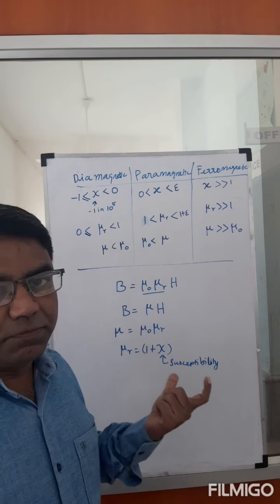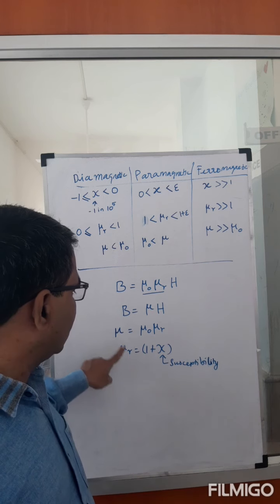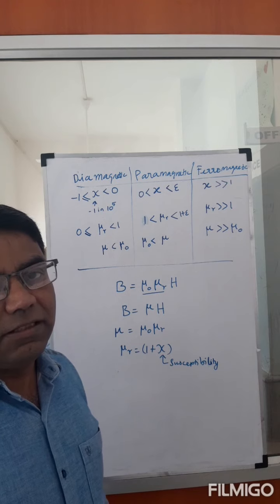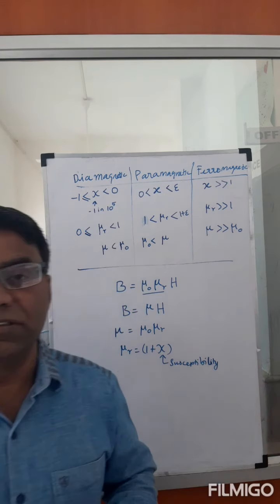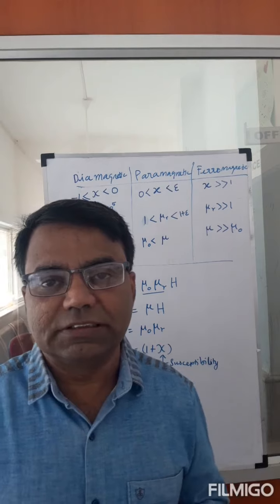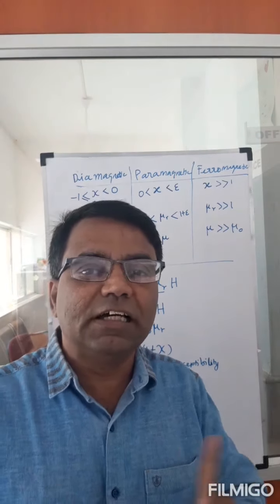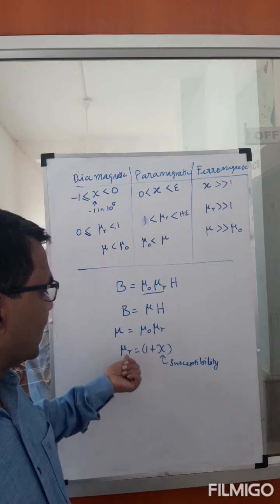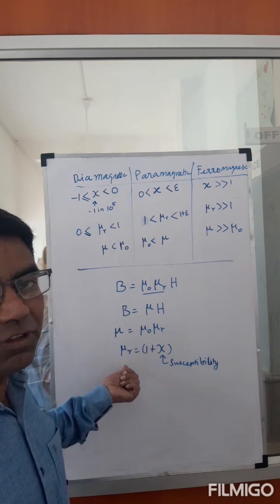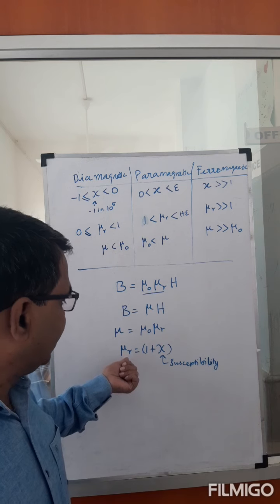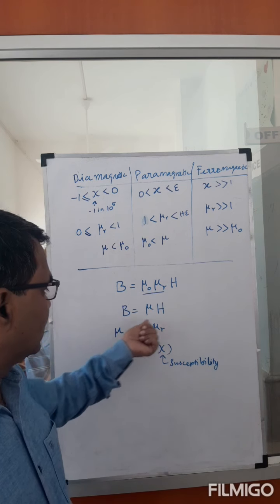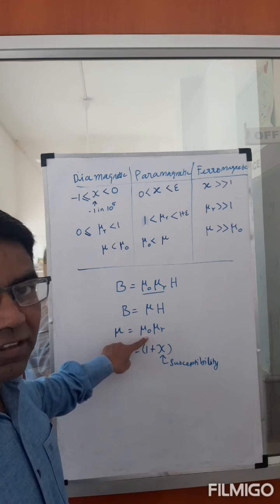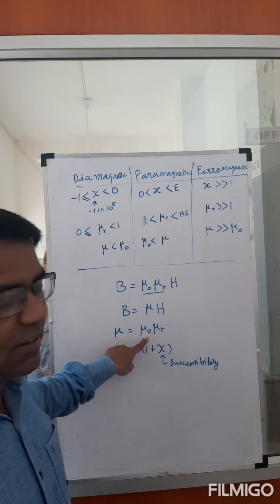So there are three terms here, okay? Mu r, mu, and xi. They are dependent on each other. They are not independent quantities. If you know one, then you can find the other two. If I know xi, then if I add 1 to that, I will get mu r, the relative permeability. And if I know the relative permeability, then I can find mu, because I know the value of mu naught, it's a constant, 4π×10⁻⁷.